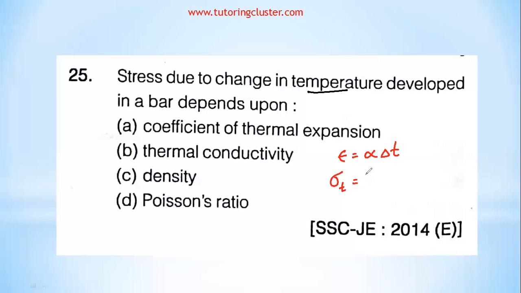It will be E into epsilon, which is equal to E into alpha delta T. Right, so this is the formula to calculate stress due to change in temperature, where delta T is the change in temperature, alpha is the coefficient of thermal expansion, and E is Young's modulus.